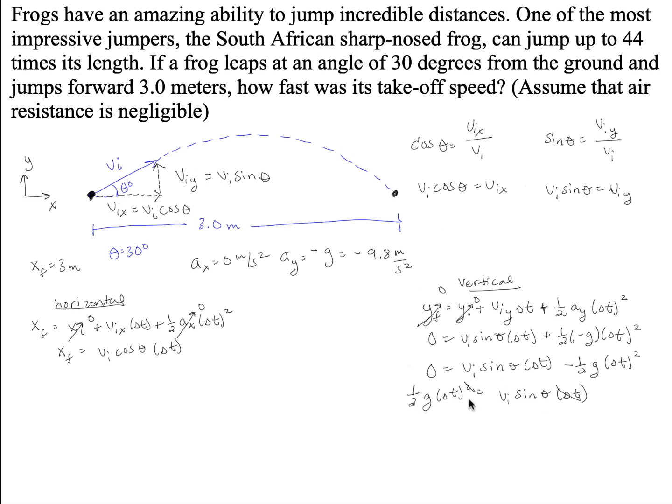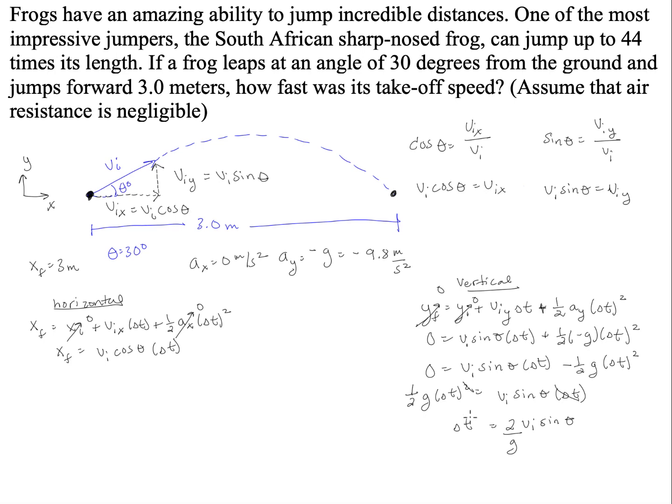So now we can actually solve for the time, and we have delta t. I'm going to multiply both sides by 2 and divide by g. So delta t becomes 2 times vi sine theta over g.